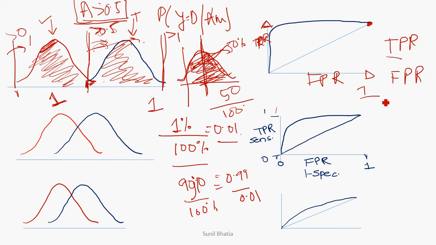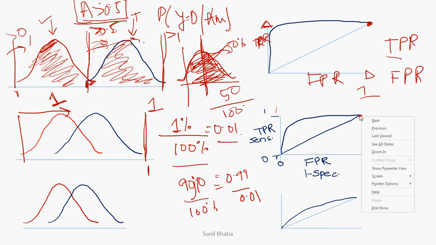FPR is the red curve on the right hand side divided by the entire red curve. So as this threshold, let's say we have another diagram, moves from here to this side towards the 1, towards the end of the blue curve, we are going to travel from here to here.